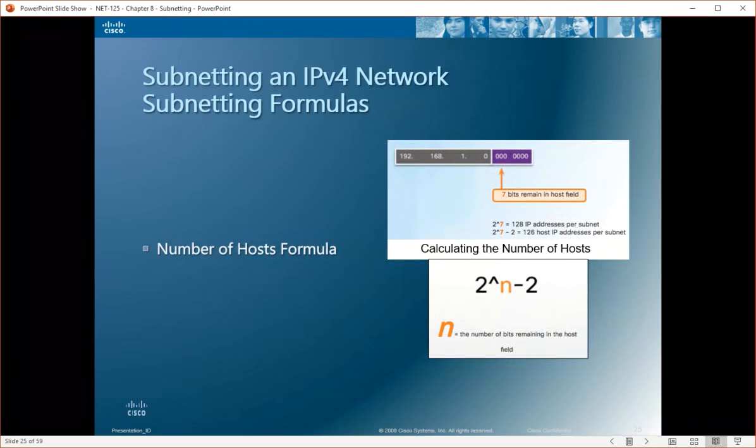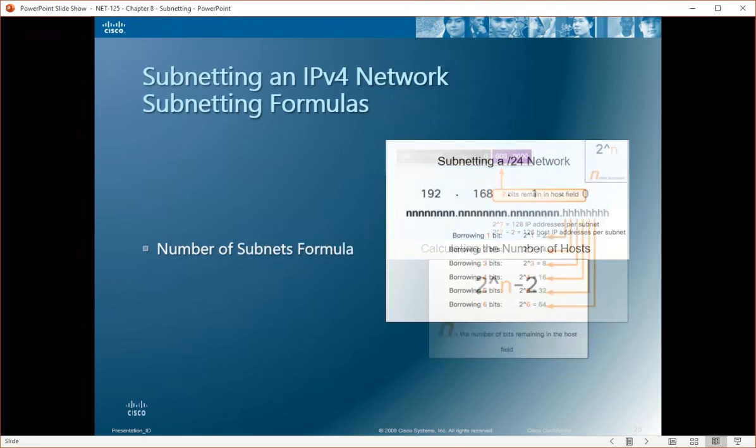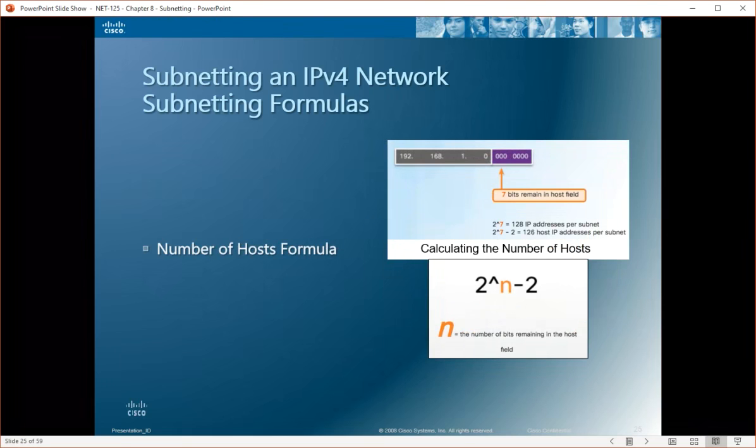So with the number of hosts, instead of calculating 2 to the n, which we had previously, we instead have 2 to the n minus 2. Now, I'm not really fond of how they have this listed in this particular graphic, because I don't think it gives a great idea of what it is, because a lot of people forget about the order of operations.